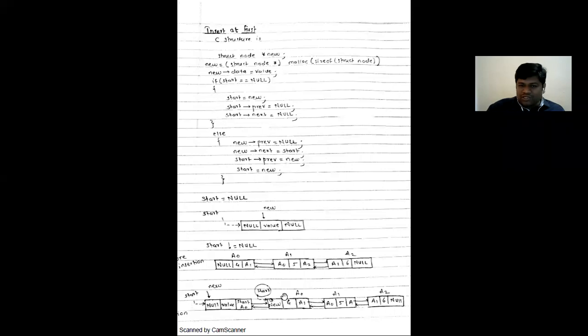And after that start of previous, म्हणजे हा आता start झाला, बरोबर आहे, आणि त्याचा previous काय असणार आहे, हा new असणार आहे, right? And start is equal to new. So in this way we are inserting the element in the linked list, right? So this code you need to understand.